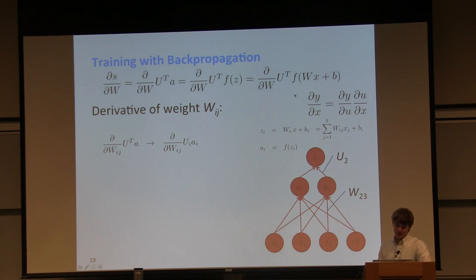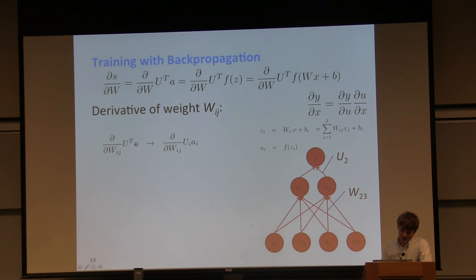So remember here again, we just have our chain rule. If you have, for instance, some function y that's defined in terms of u, you just basically compute this product. So now let's look at the application of the chain rule to this.